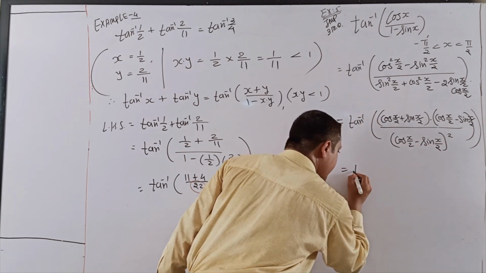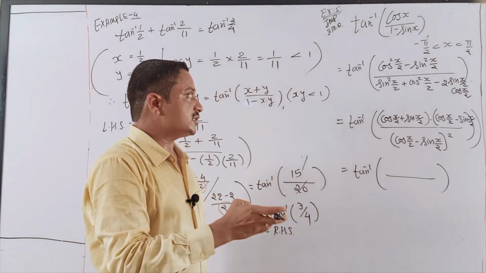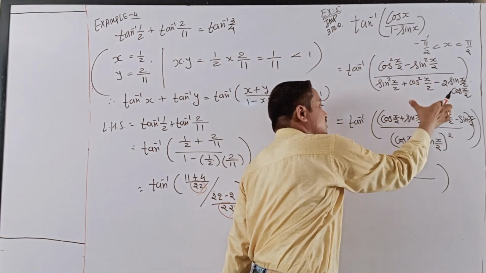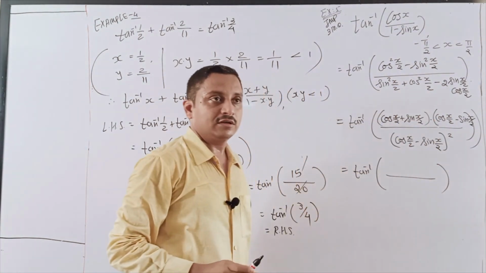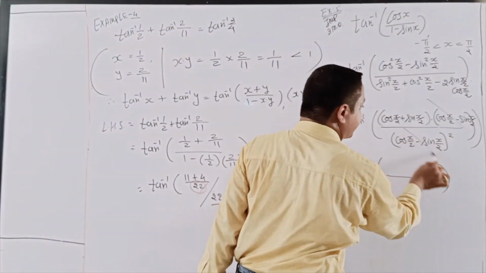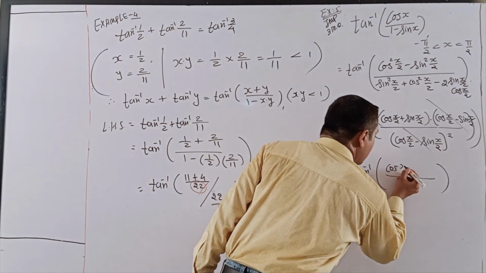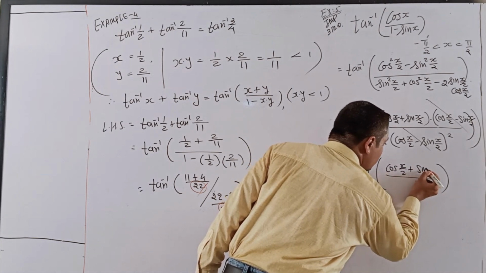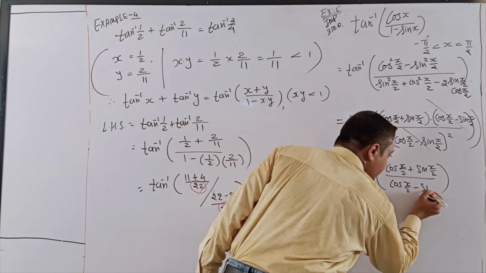Using the a square minus b square property, one factor cancels, and only one remains: cos x by 2 plus sin x by 2 over cos x by 2 minus sin x by 2.